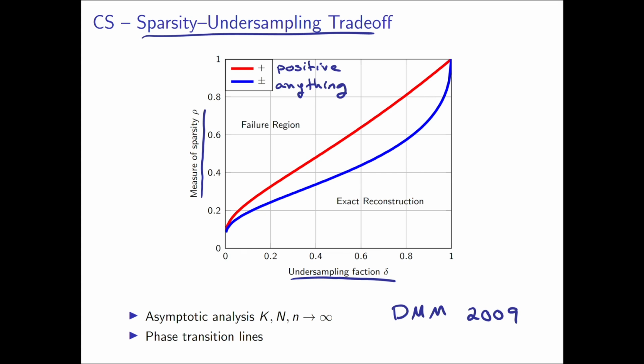Asymptotically, as the height, the width, and the number of non-zero entries go to infinity with proper ratios, a phase transition phenomenon occurs. When the operating point is below the line, exact reconstruction happens with vanishing probability of error. However, if we are operating over the line, or above the line I should say, reconstruction fails.